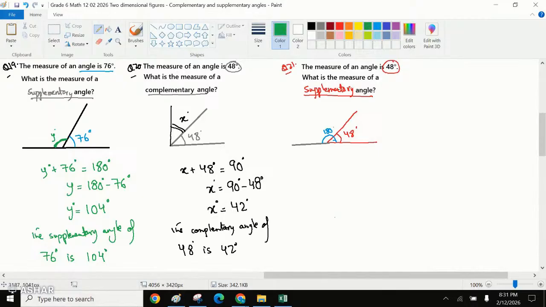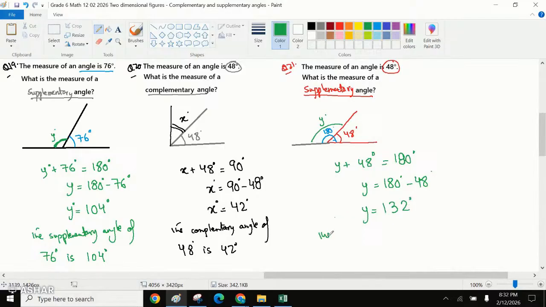So we can say this was the angle Y. We're supposing any variable, right? Y plus 48 should be equal to 180, and Y would come out to be 180 minus 48, and Y comes out to be 132.